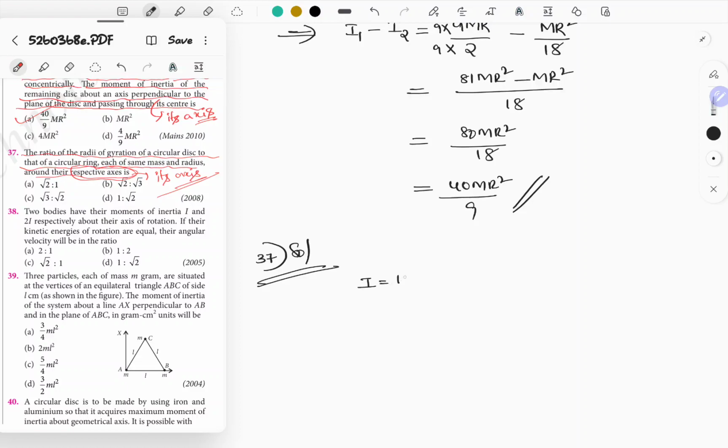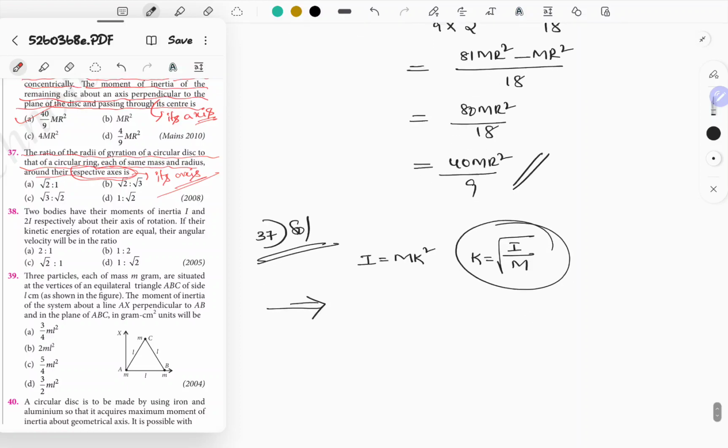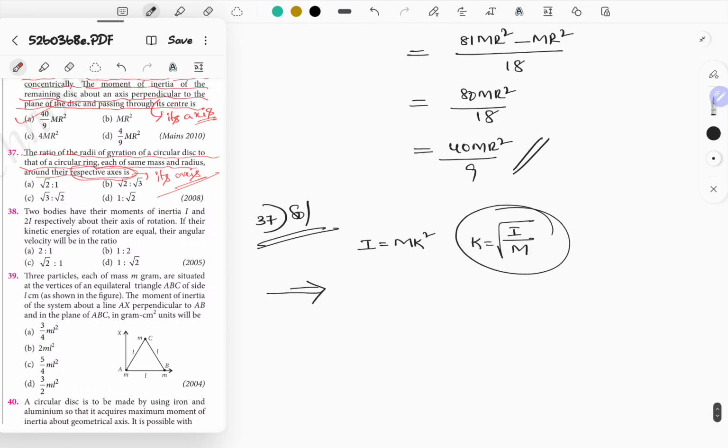The radius of gyration can be written as I is equal to m k square, whereas k is equal to root of I by m. So I is the moment of inertia, m is the mass of that particular body. So they are asking the radius of gyration for a circular disc and the circular ring.